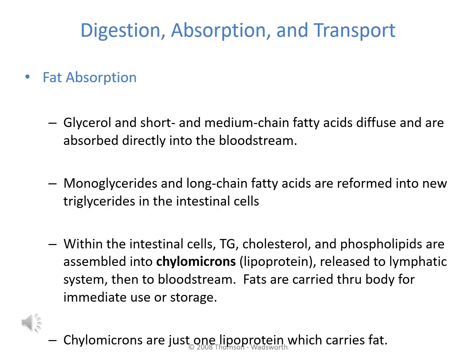Depending on what the breakdown product is after fat digestion determines where they will travel. Glycerol and short and medium chain fatty acids easily cross the intestinal cells, and they can then be absorbed directly into the bloodstream.